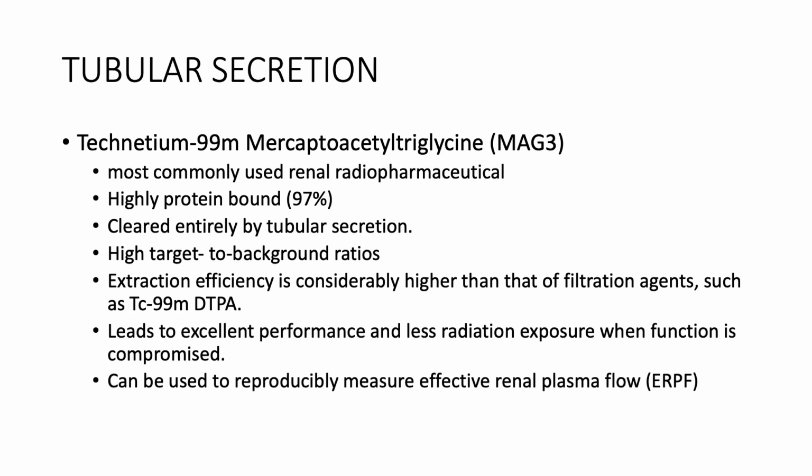Flow and plasma clearance can be evaluated in numerous clinical situations, often interchangeably with technetium-99m DTPA, but only MAG3 can be used to reproducibly measure ERPF, or effective renal plasma flow.